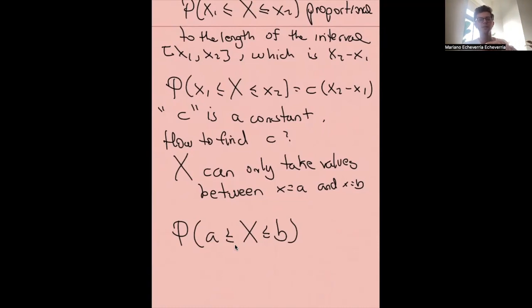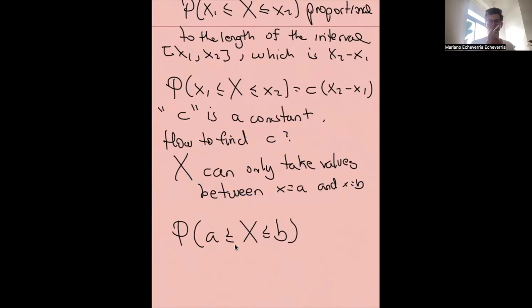Here I'm just asking for the probability itself. I know the particle is always between a and b, so what should be the probability? It should sound like a circular question.